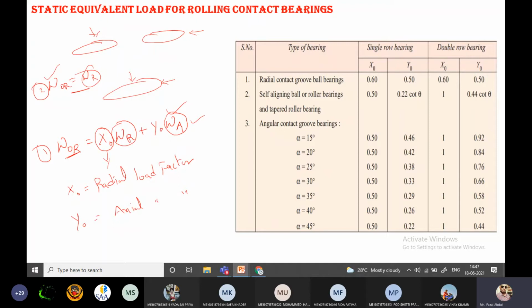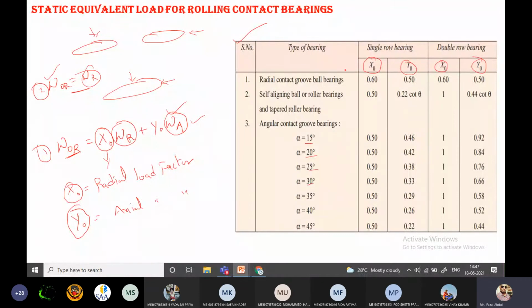Okay, now to select this X naught and Y naught, we require this table. Based on the type of bearing, and in the angular contact bearing, how much the alpha is, based on these values we are going to select the X naught value and Y naught value, for single row or double row bearing.